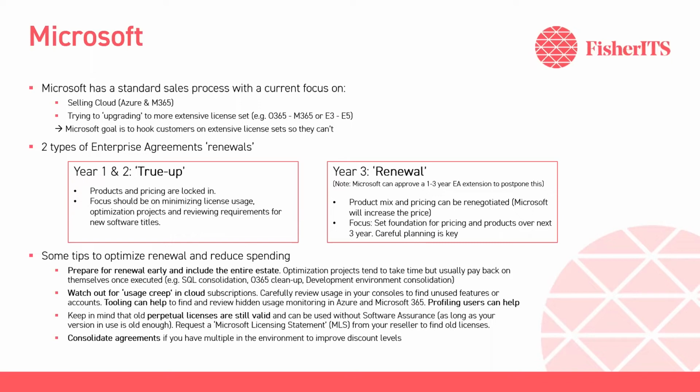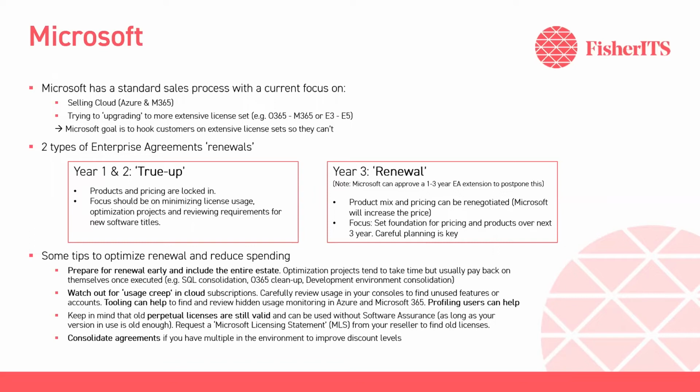And all your products, your pricing are locked in. You can introduce some new products, but it will come at a cost because you can't renegotiate. So often you'll pay extra if you want to add a new product in after a year of having your agreement. So the focus is not necessarily on renegotiating everything. It's probably not going to be possible anyway.